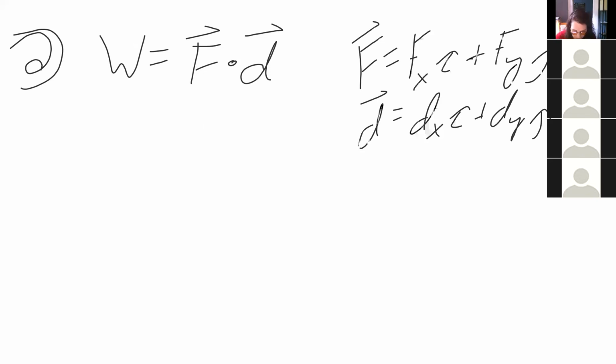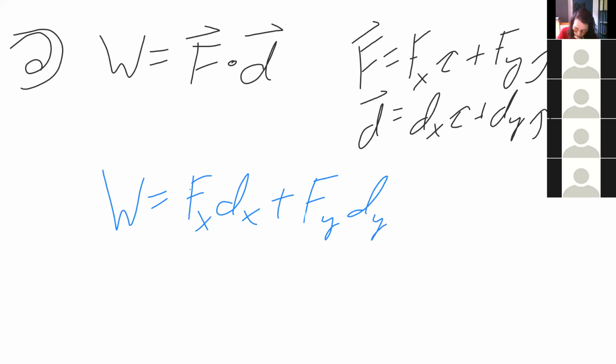And the way you calculate the work, if we're going to do the dot product, the work is just the x's multiplied together, so F sub x times D sub x, plus the y's multiplied together, F sub y times D sub y.